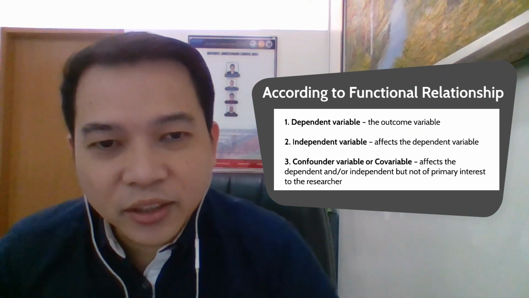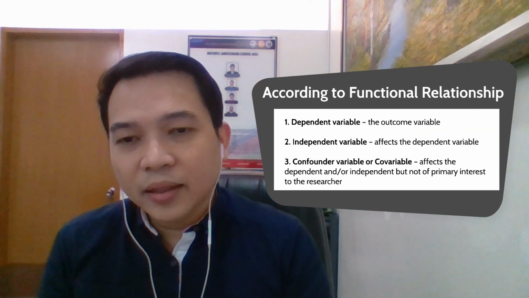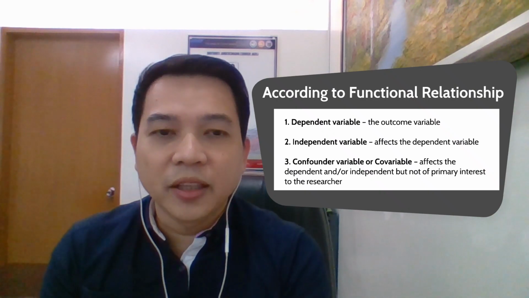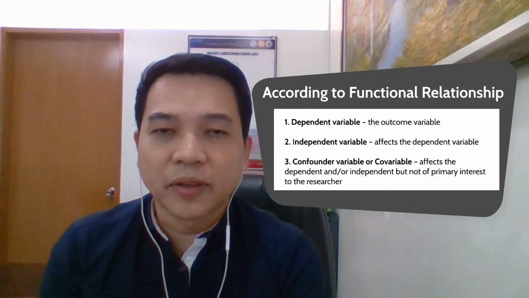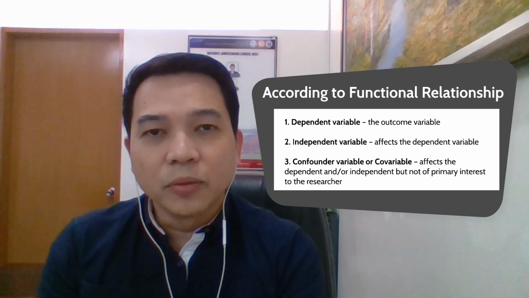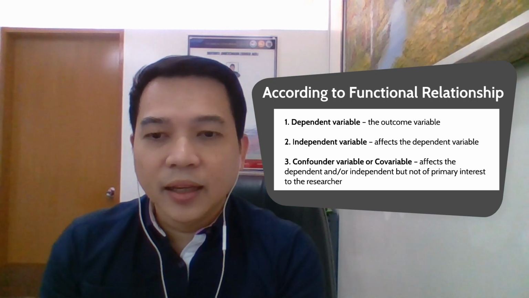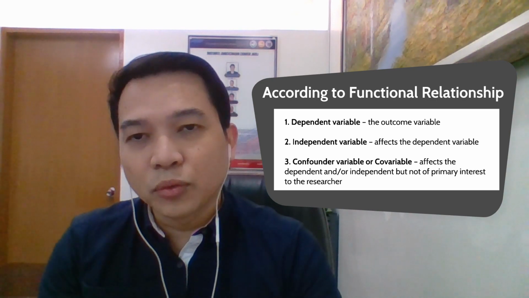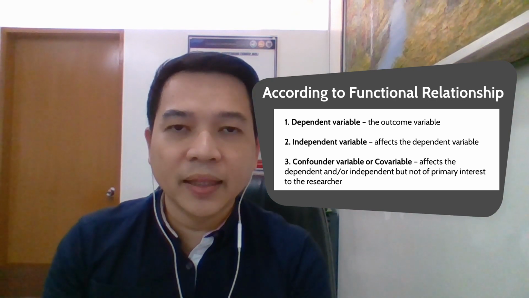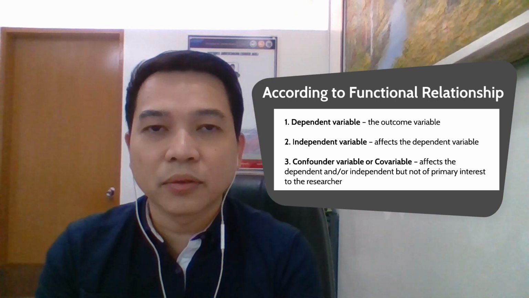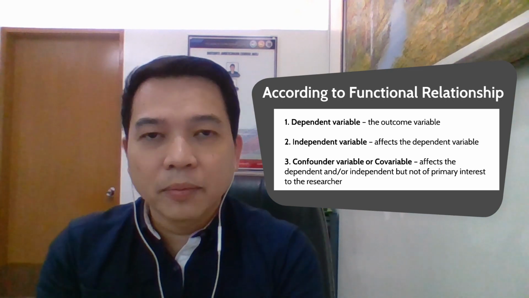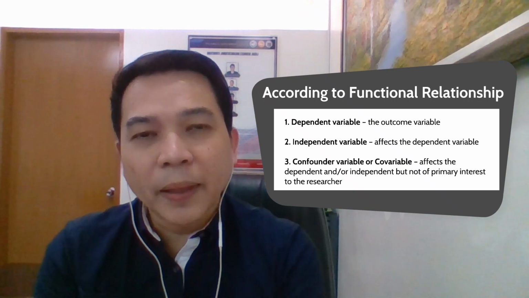Now, another distinction in variables will be the common classification in terms of functional relationship. You might encounter in research that you usually try to distinguish which is the independent from the dependent, or even from the title itself, you already demarcate which variables are independent variables and which are dependent variables.